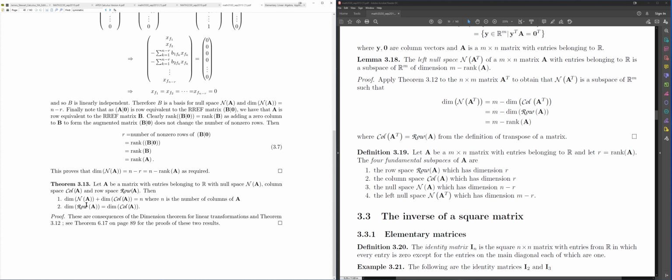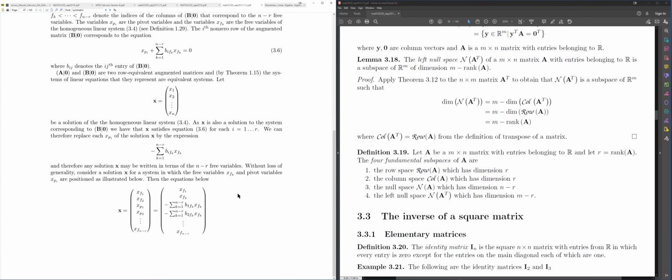Here we saw an example of this. I didn't prove this, but we saw an example where for a specific matrix the dimension of the column space is equal to the dimension of row space. And then I have that the null space of A has dimension n minus r. So n is the number of columns of my matrix, and r is the rank.